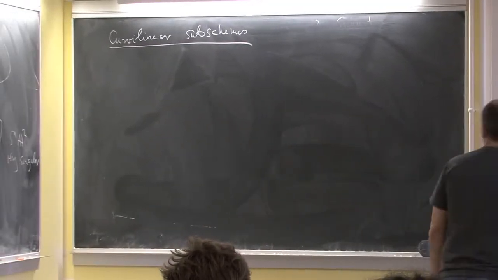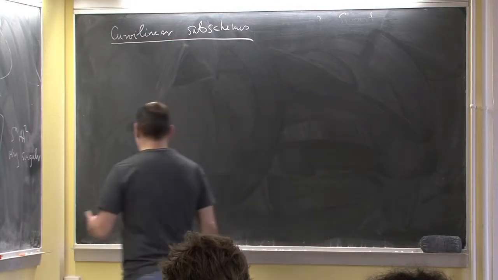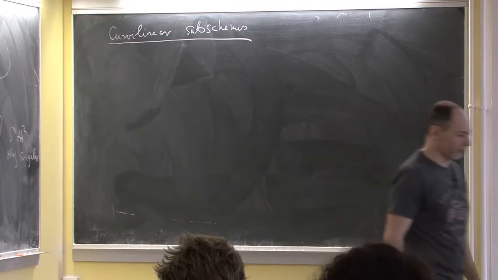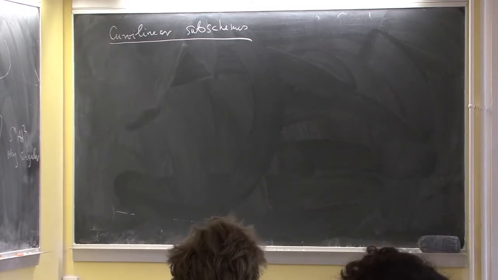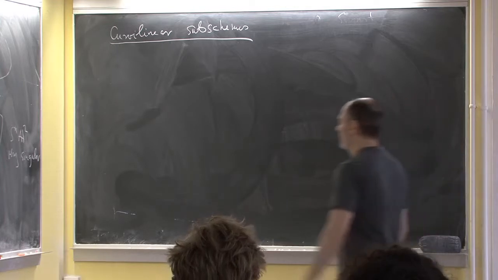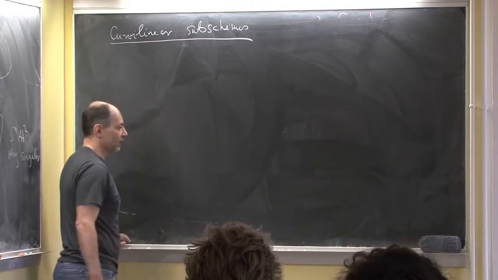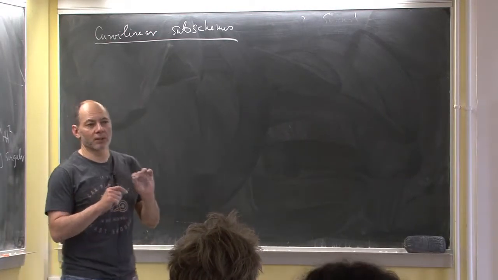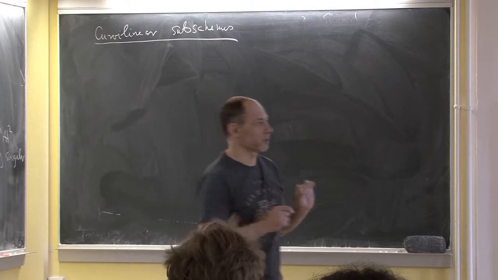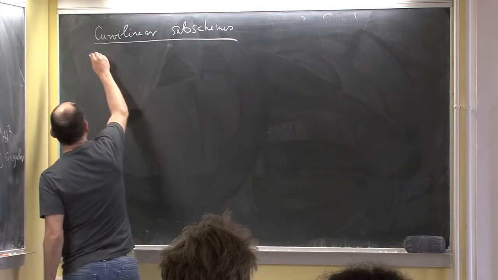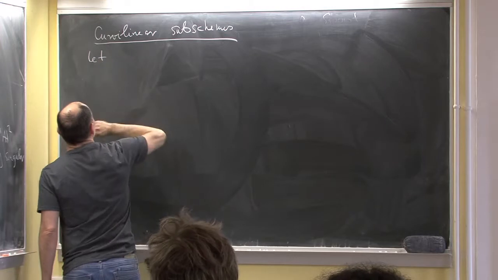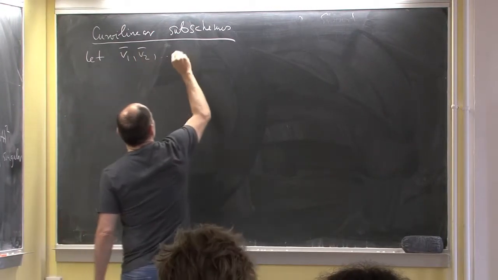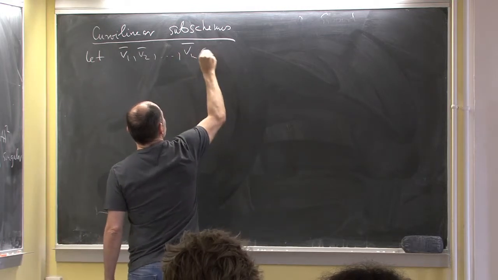The idea is that you construct what's called a jet of a curve, but you can simply think of it as constructing a curve with finitely many derivatives. So I'm going to construct points in the Hilbert scheme in the following way. Let V1, V2, ..., Vn be vectors.